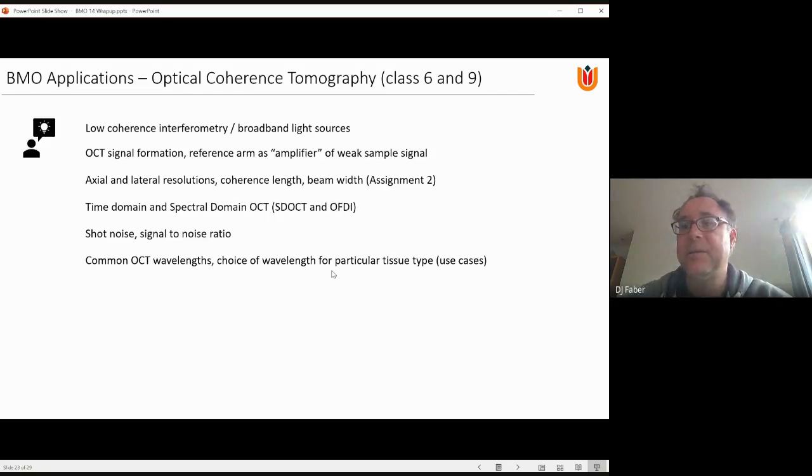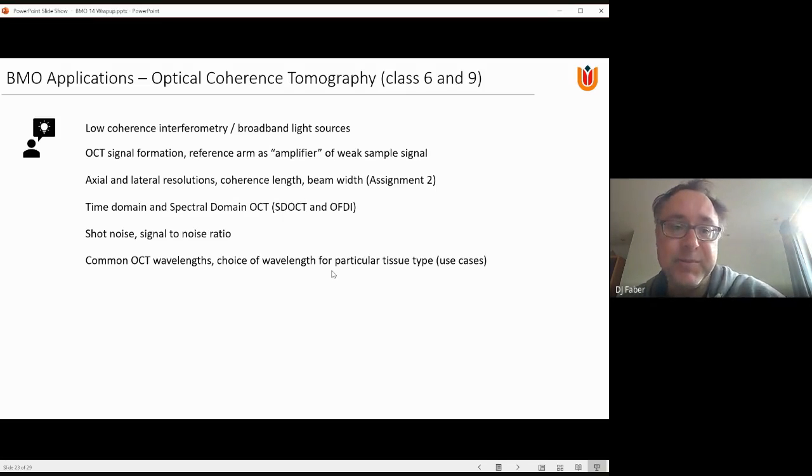Also, the equations Johannes went through with you show that in the end, the part that contains the signal, so the part that contains the scattered light from the sample, is multiplied with the intensity coming from the reference arm. So that means that the great benefit of OCT is that the reference arm actually works kind of as an amplifier of a very weak optical signal coming from the sample.